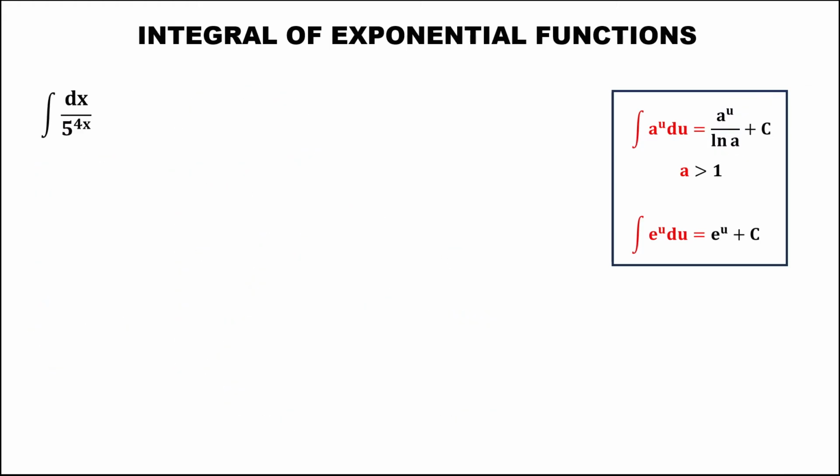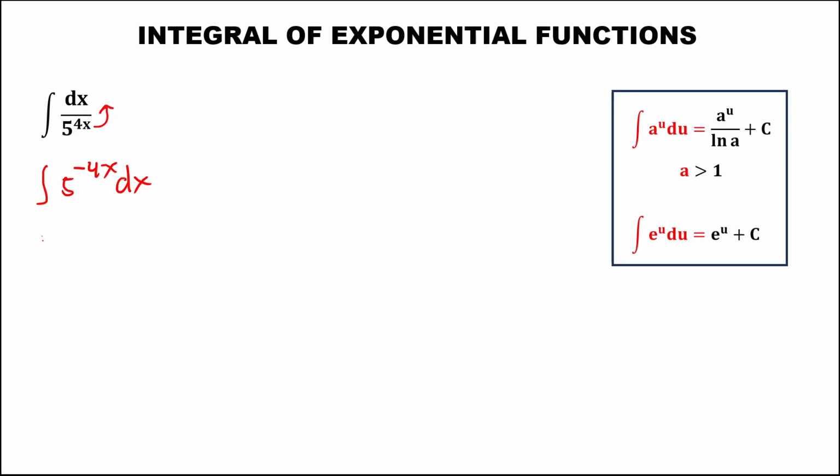Then for this given, first we need to bring up this denominator. So this becomes the integral of 5, with the exponent becoming negative, then dx.